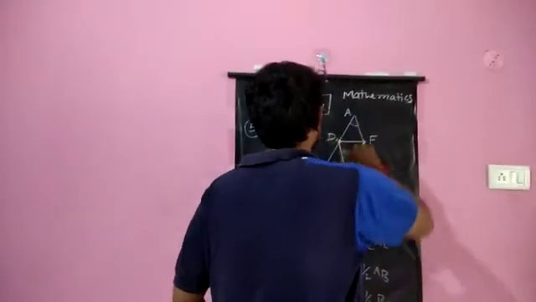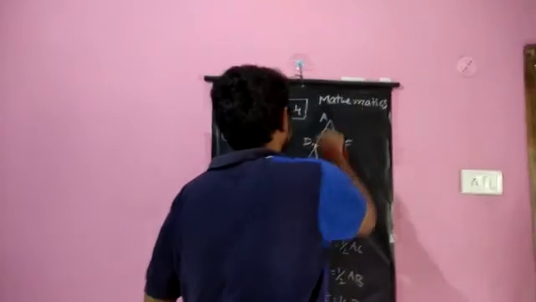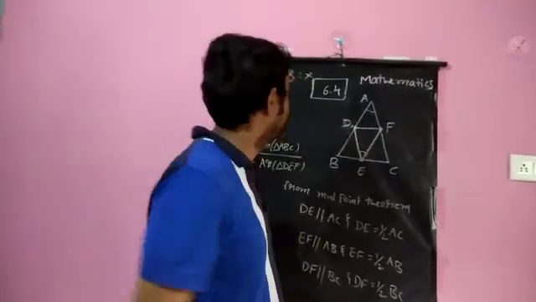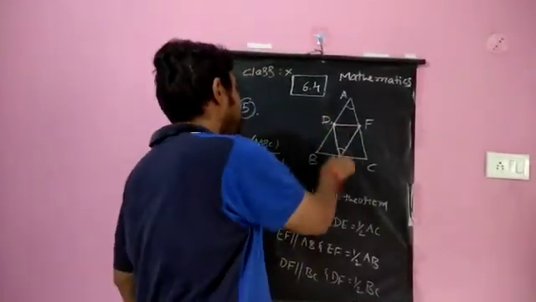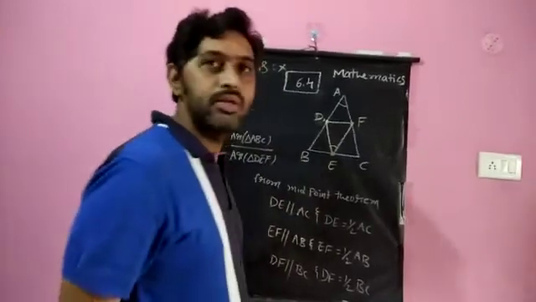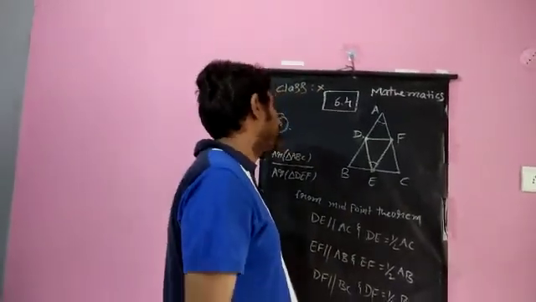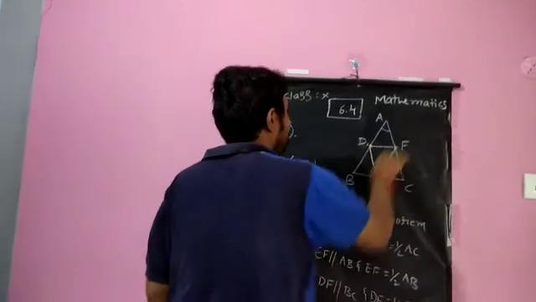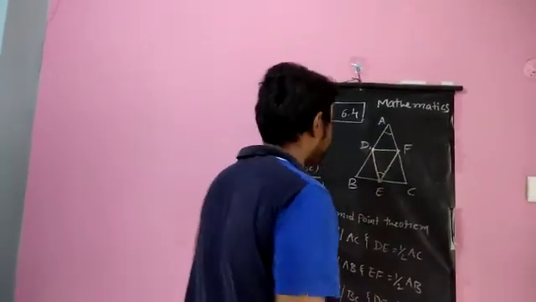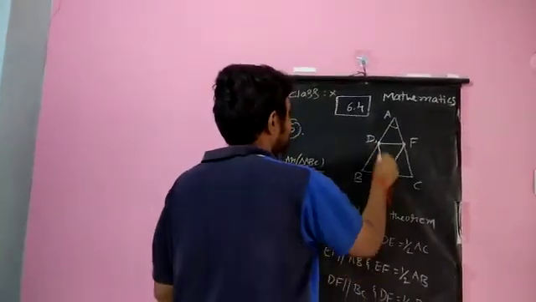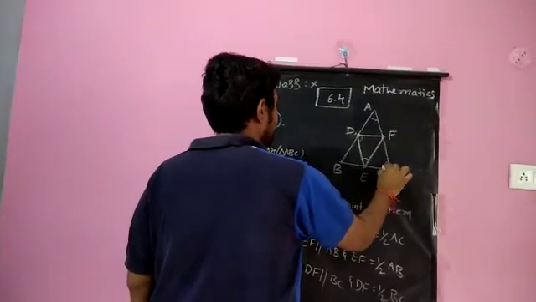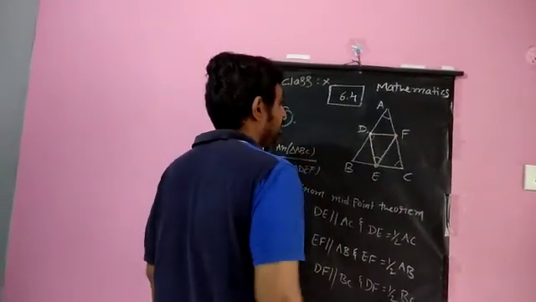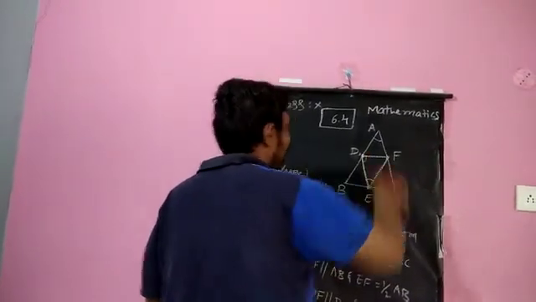In a similar way, ADEF will also become a parallelogram. In the first step, BDEF was a parallelogram; similarly, if we apply the midpoint theorem, you will get ADEF as a parallelogram as well. Then you can say that the second angle of triangle DEF will be equal to angle C of triangle ABC.